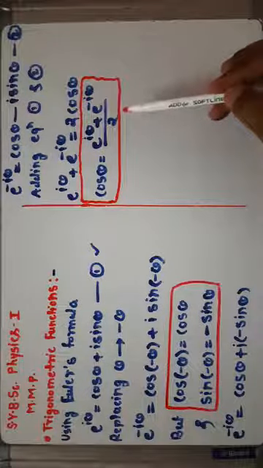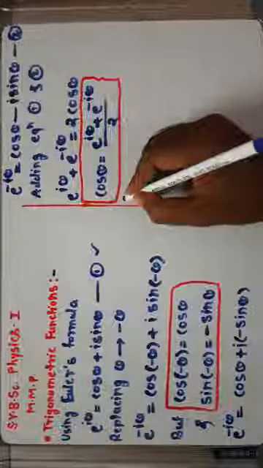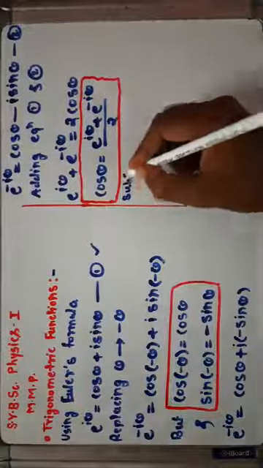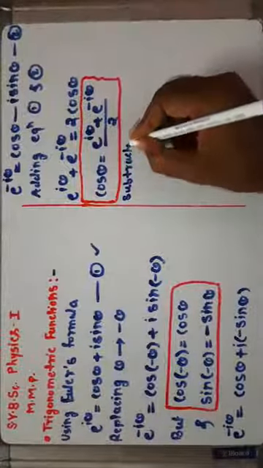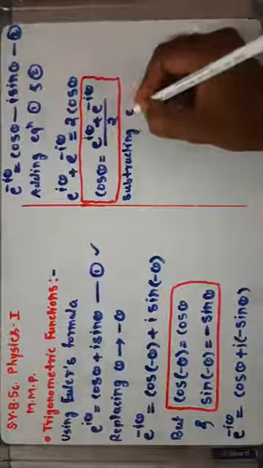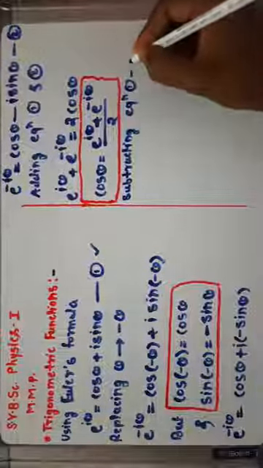Then subtracting equation 1 and 2, that is 1 minus 2.